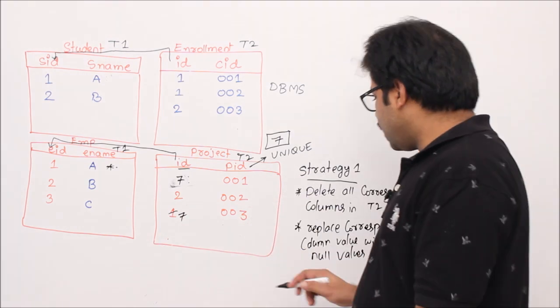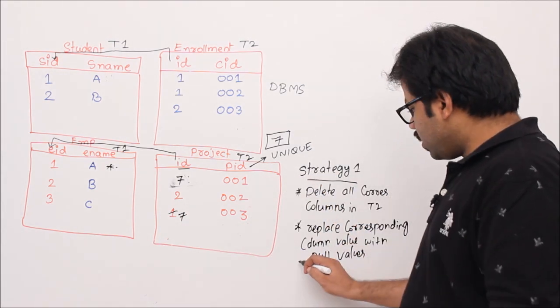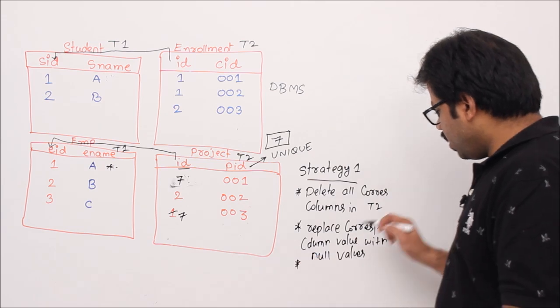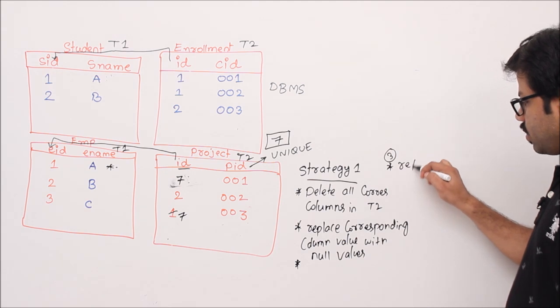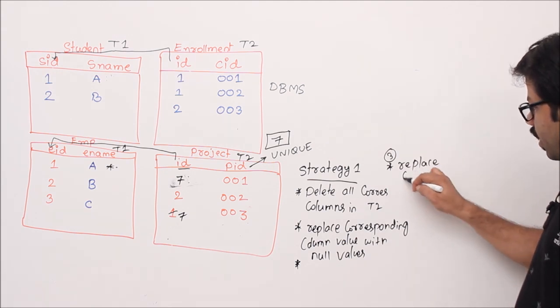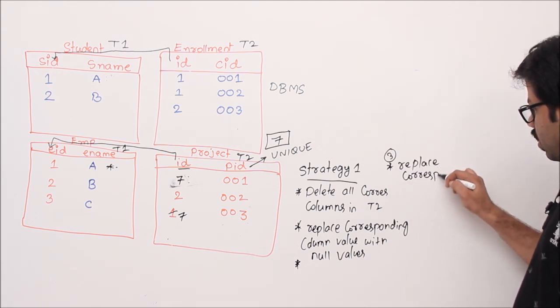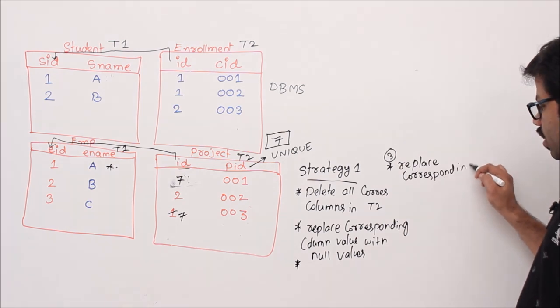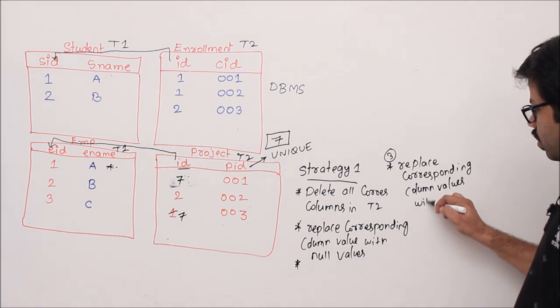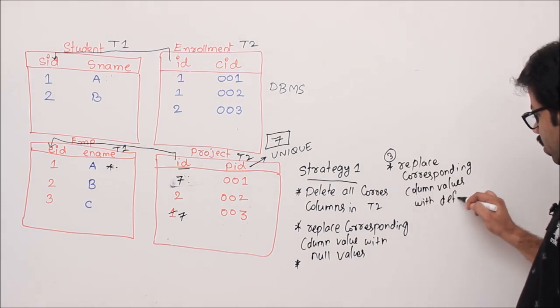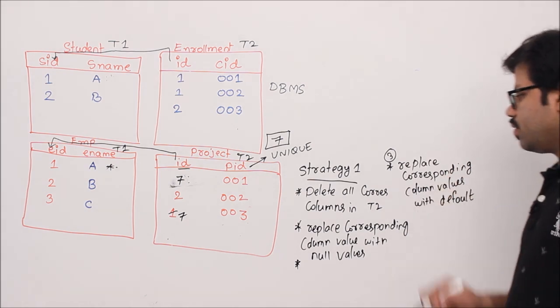So what is strategy number 3? Strategy number 3 is replace all the corresponding entries, correct? Replace all the corresponding column values with the default value, right? So that is strategy number 3.